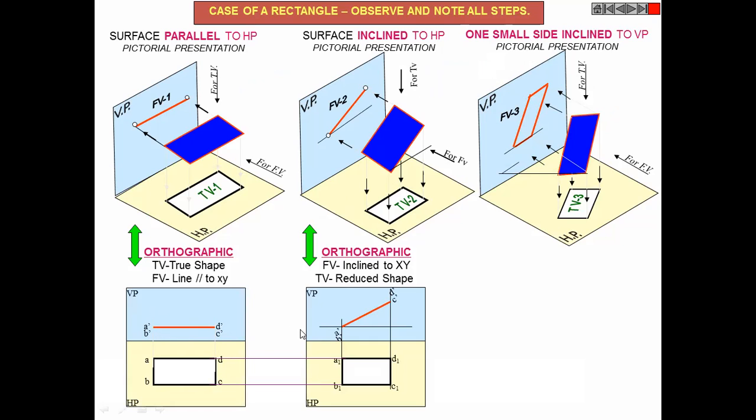Now we assume that it is inclined to horizontal. We take the first realistic condition, that it is inclined to HP at some angle. So the inclination with HP will be visible in which plane? VP, correct.